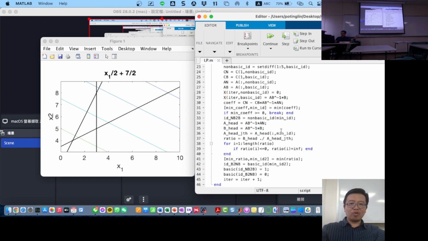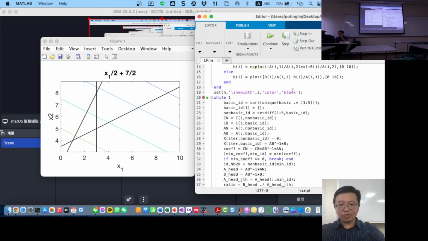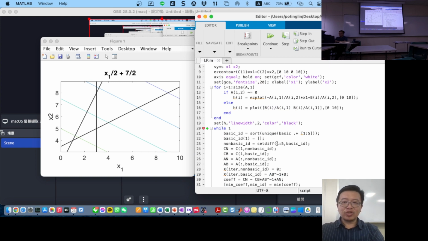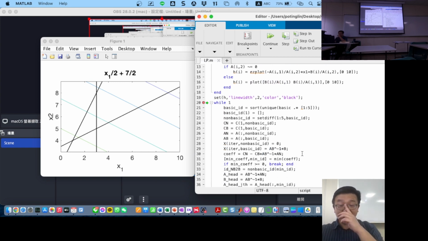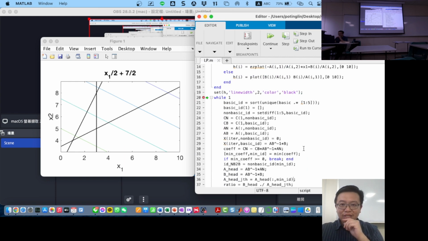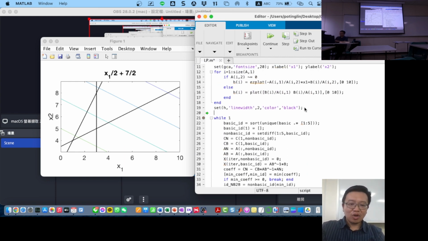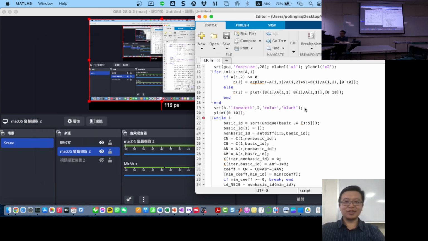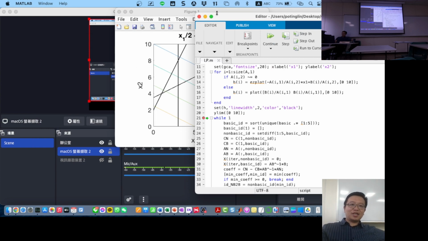Okay. I know why. He was right. Once it's done, I need to change the space again. Where was my plot? Here. Y limit goes from 0 to 10. Okay. There you go.